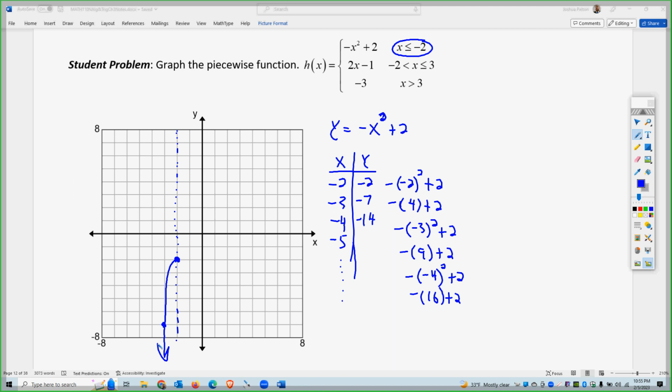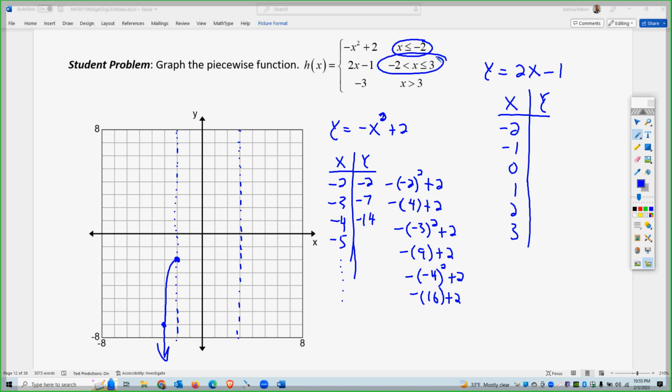So the next one's between negative 2 and 3. Okay. So y equals 2x minus 1. We'll do a table of values. That goes from negative 2, negative 1, 0, 1, 2, and 3, because that is my specified domain.